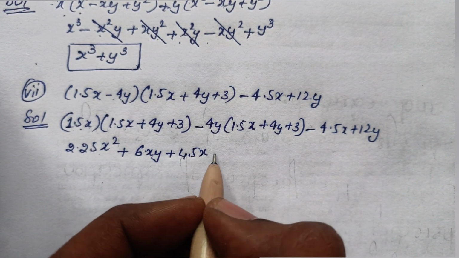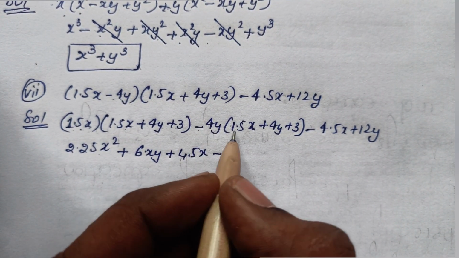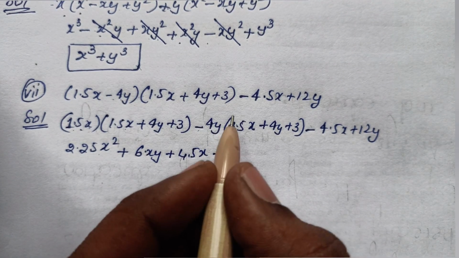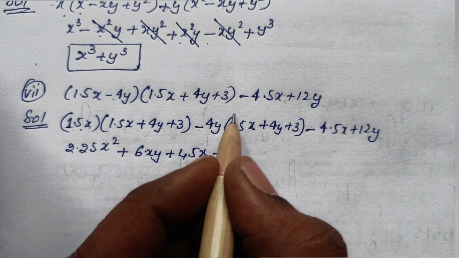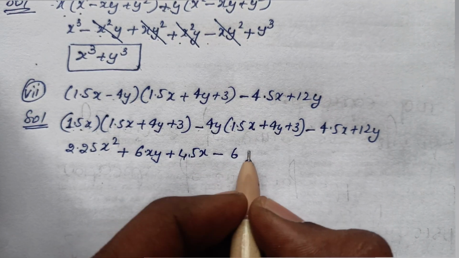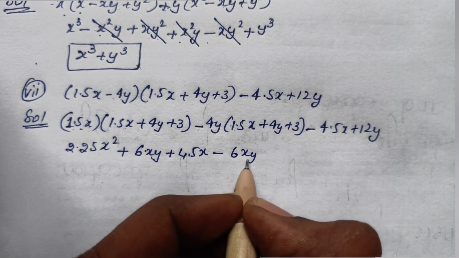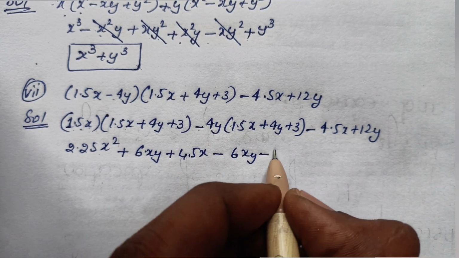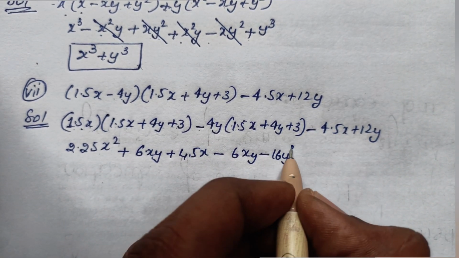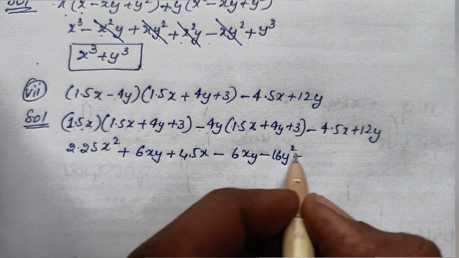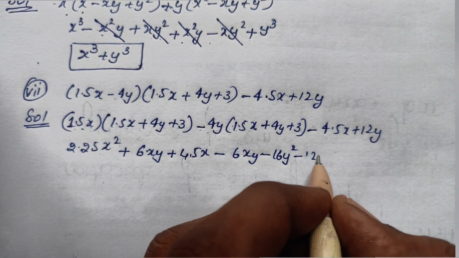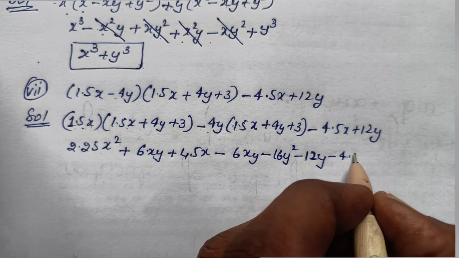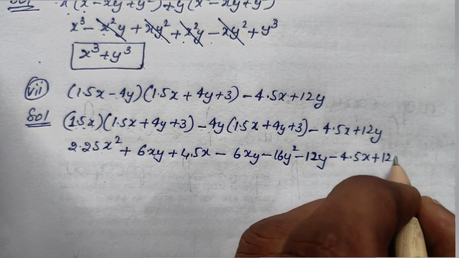Now minus as it is, minus into plus is minus, 4 into 1.5, 4 fives are 20, 2 fours are 8, 1 carried, we get 6 into xy, minus into plus is minus, 4 into 4 is 16, y into y is y square, minus into plus is minus, 4 threes are 12, y. Then minus 4.5x plus 12y.